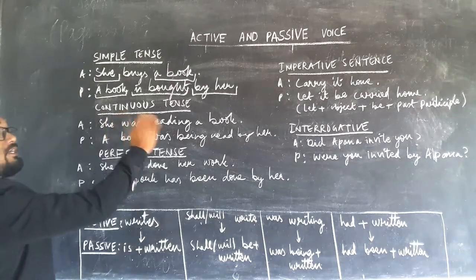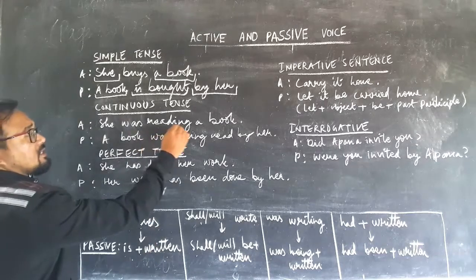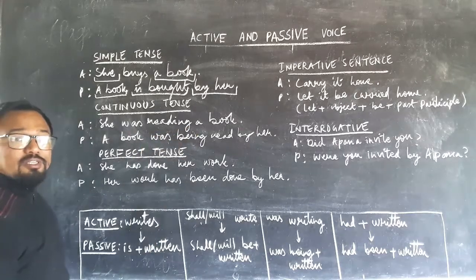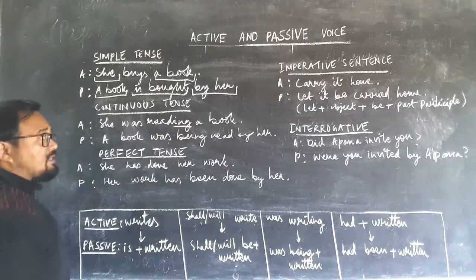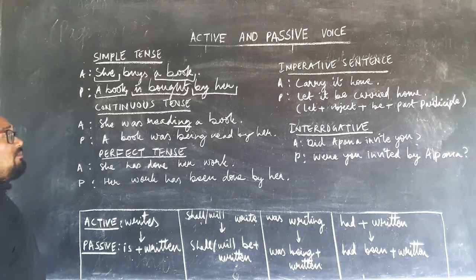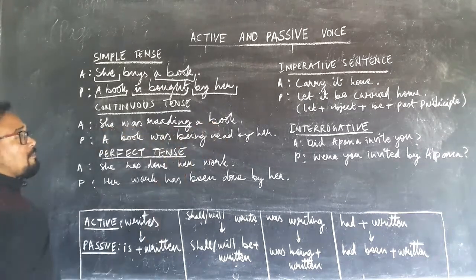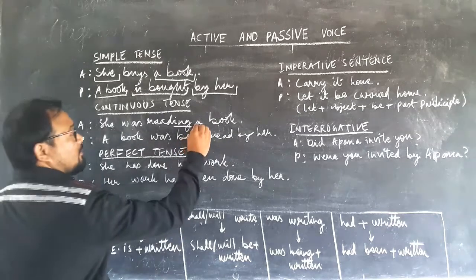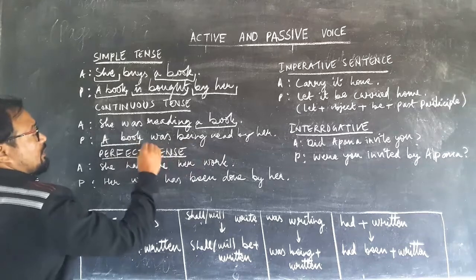Next, in a continuous form, how will you change it? Continuous means, see here, read, the ing form is there, that means it is a continuous form. Wherever you see ing in the sentence, that means the sentence is in a continuous form. Like in active voice, she was reading a book. Again you can apply the formula the same way, a book will come here, was being.